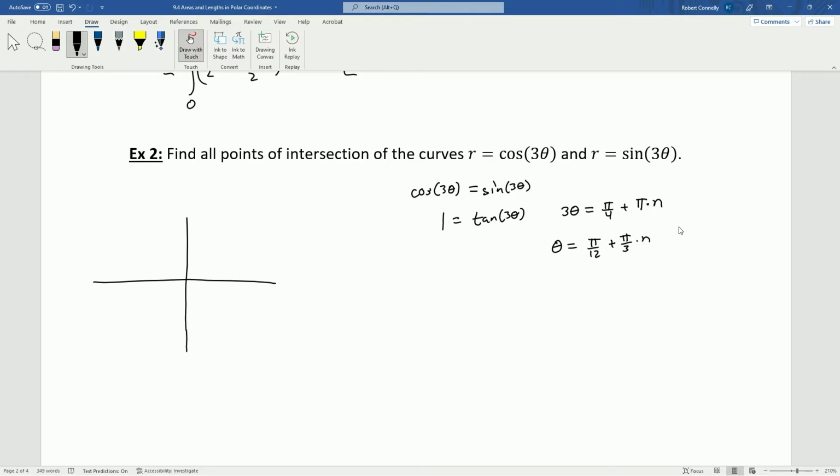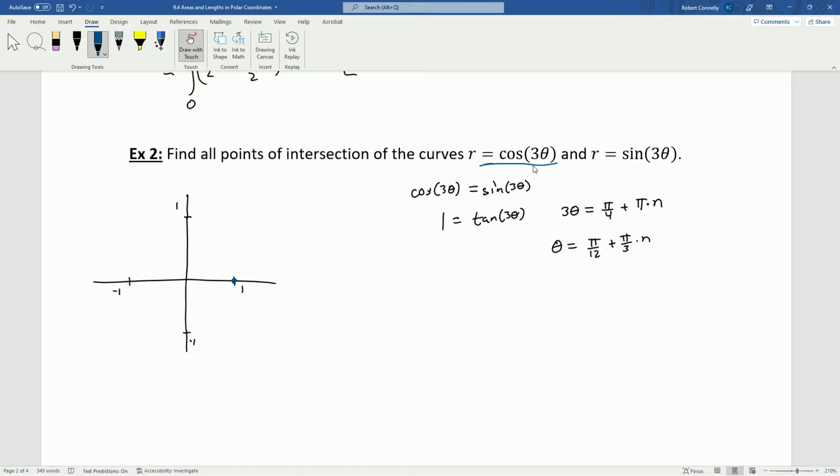So let's go ahead and start graphing these the best that we can and see if we can make some sense of it. Cosine of 3 theta. Well, when theta is 0, cosine is 1, so we start here. I'm going to do cosine in blue. And when do we get our first 0? Well, we get our first 0 when 3 theta is equal to pi over 2.